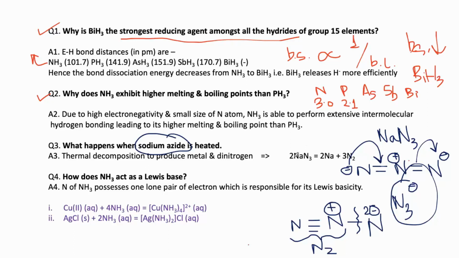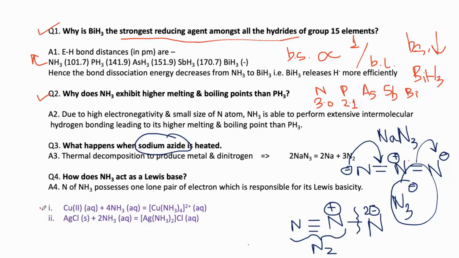The next question is, how does NH3 act as a Lewis base? In the last slide, I told you, because of the lone pair on the sp3 orbital of nitrogen, which is responsible for its Lewis basicity, the NH3 molecule can act as a Lewis base. So here are the examples.